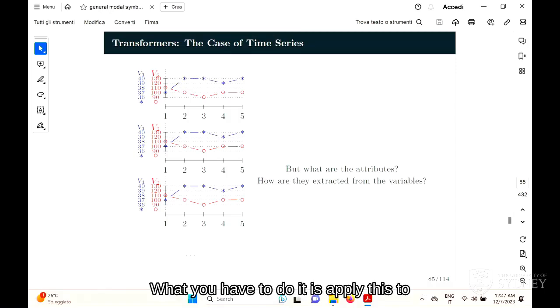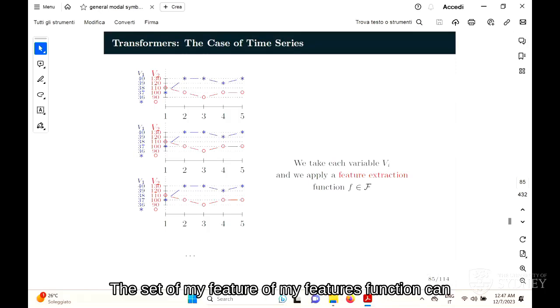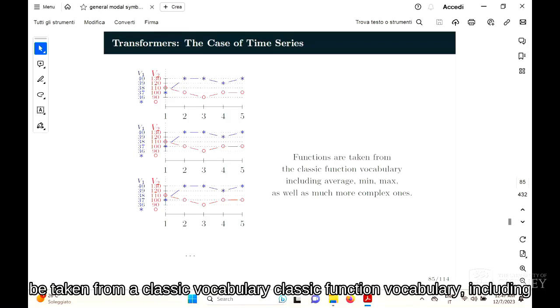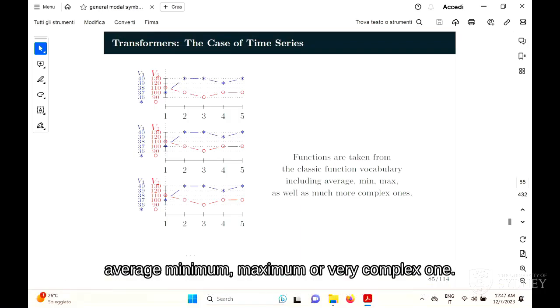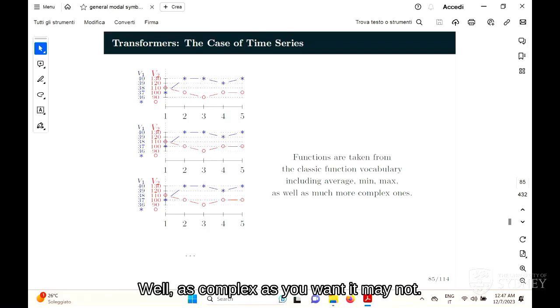Function can be taken from a classic function vocabulary, including average, minimum, maximum, or a very complex one. How complex? As complex as you want. It may not even have a name. It may be a neural network.